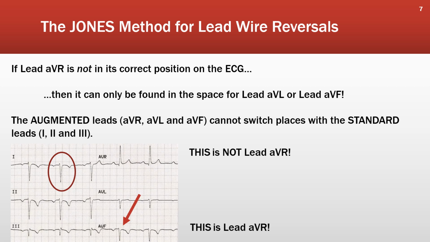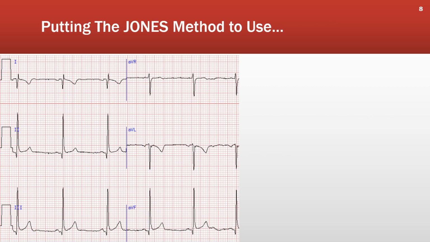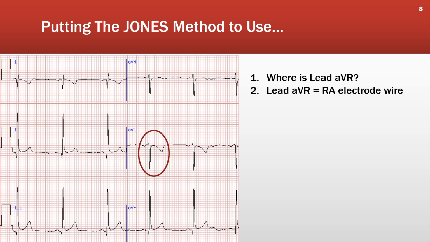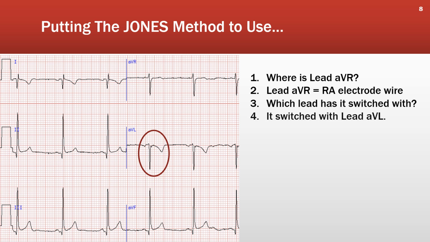This is lead AVR. Okay, where is lead AVR? Well, there it is. Lead AVR, remember, is the right arm electrode, so we can say AVR or RA, right arm. Now, which lead has it switched with?